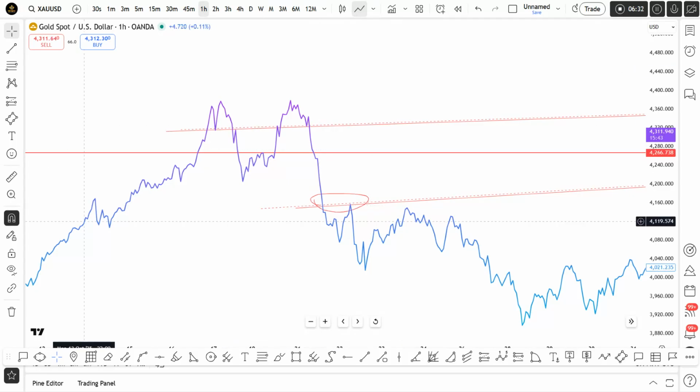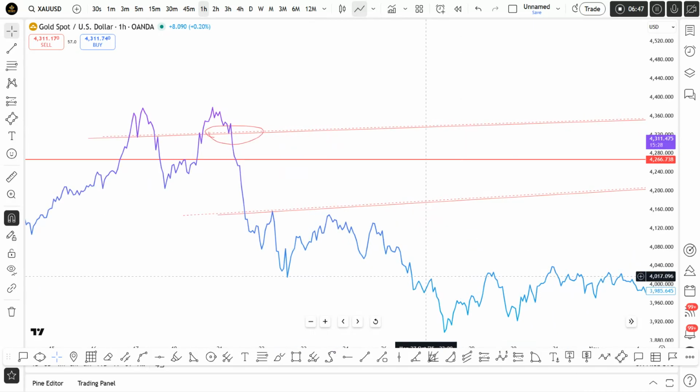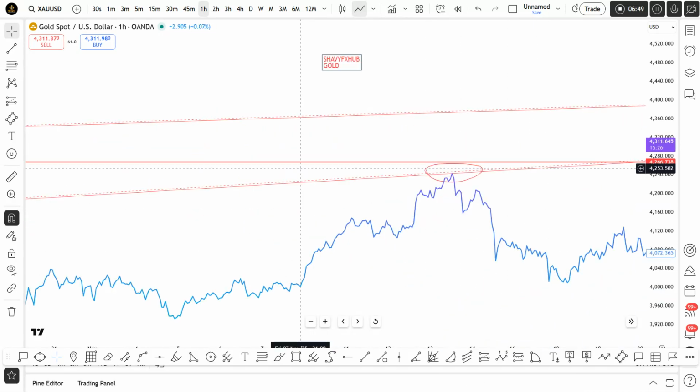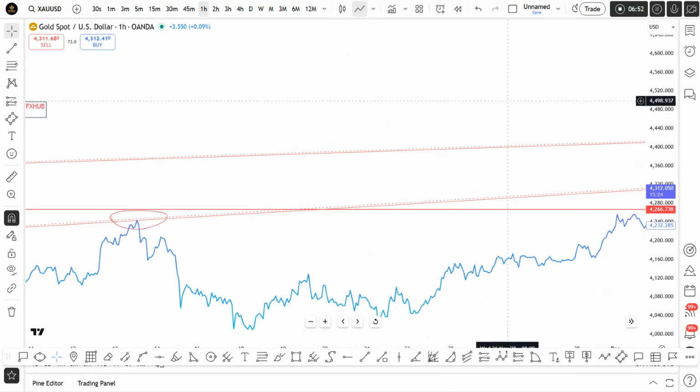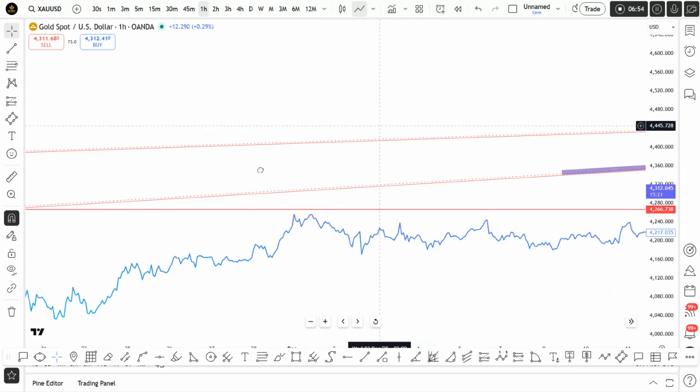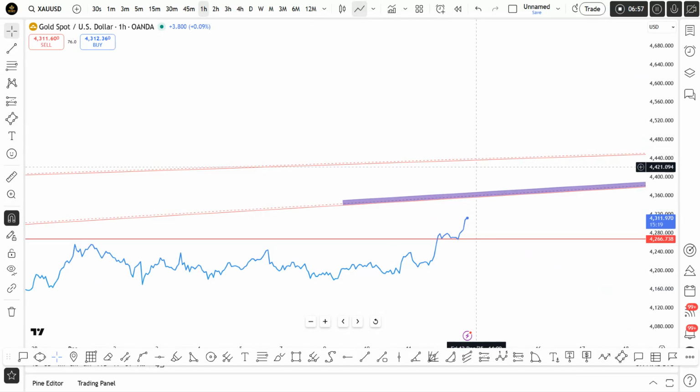To put it into perspective, we have here as a support structure, we have here as a resistance structure, we have here as a resistance structure, we have here as a support structure. So technically, we had a break of a support structure here, and I'm expecting a pullback into that structure in our current time, and that will be around 4434.